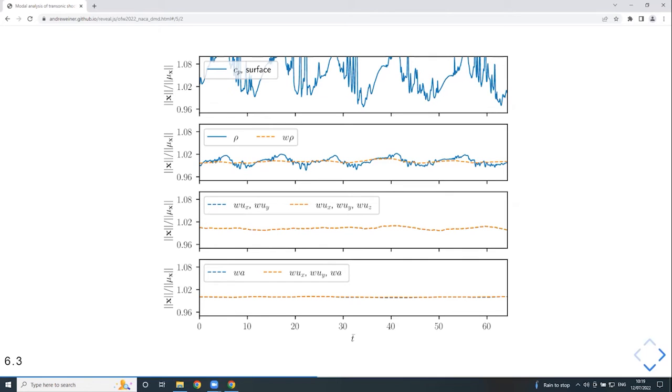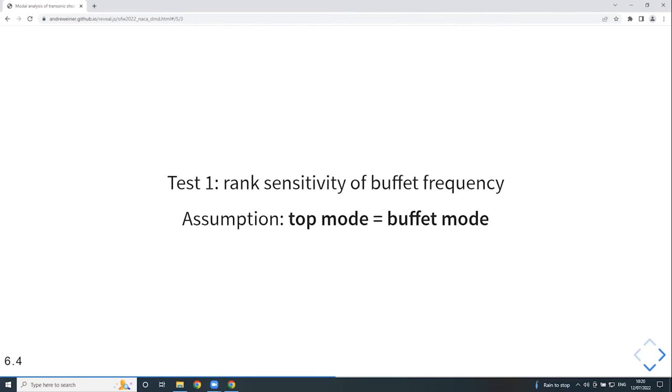And you can actually, by assuming isentropic flow, arrive at a state vector that uses velocity components plus a factor times the local speed of sound. And you see this kind of norm is really, really constant over time, so it changes by less than 1%, or 0.1% actually. All right, so this state vector will be suitable to apply the unitary constraint, for example.